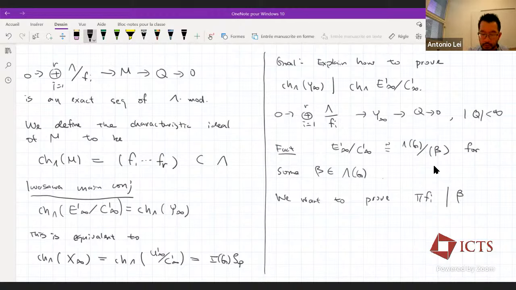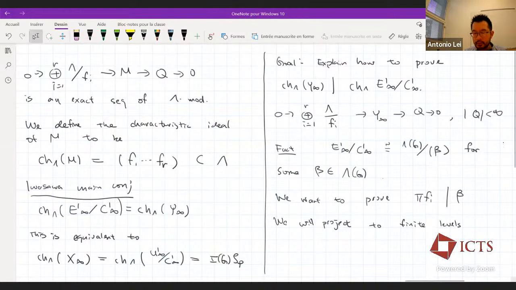And to prove this, we will project things to finite levels. So these are objects over the whole tower, and we will try to prove this divisibility by projecting things to finite levels. I will call this F_M.